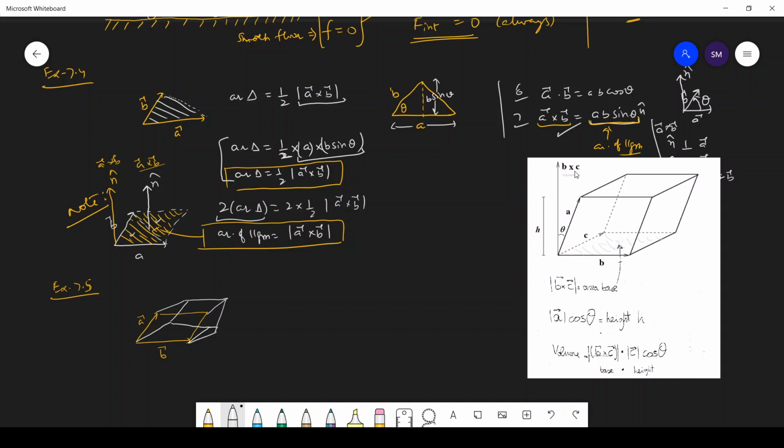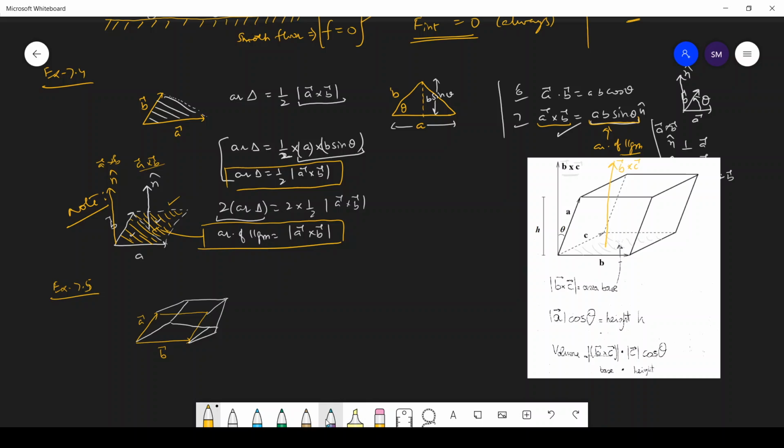This is the direction of B cross C. This is the same figure, but instead of A here I am assuming it as B, and instead of B I am assuming C. So perpendicular to this base is the direction of B cross C.